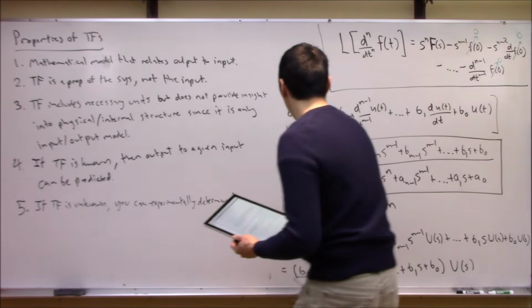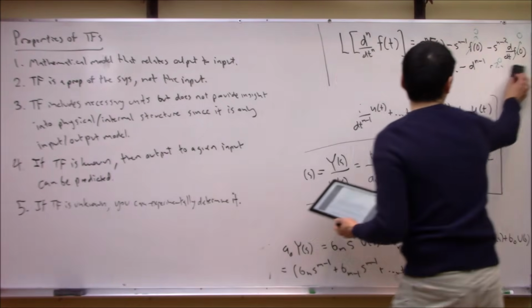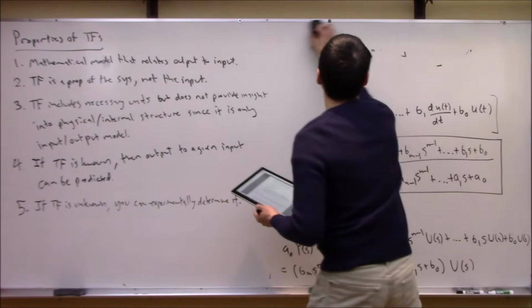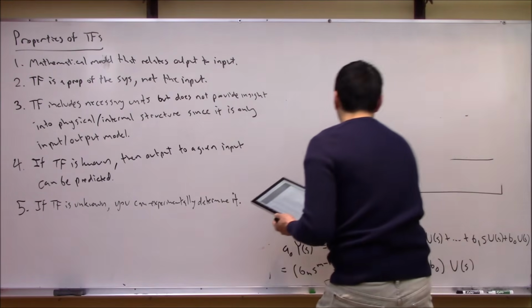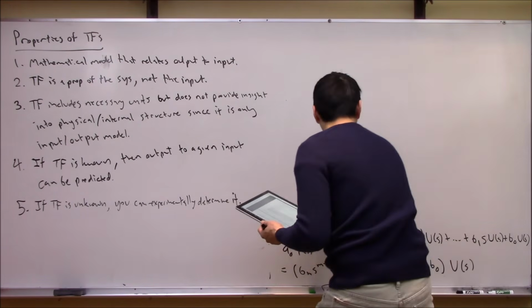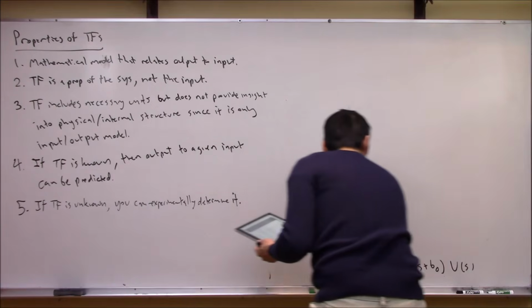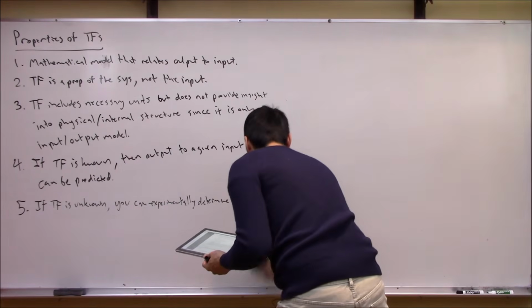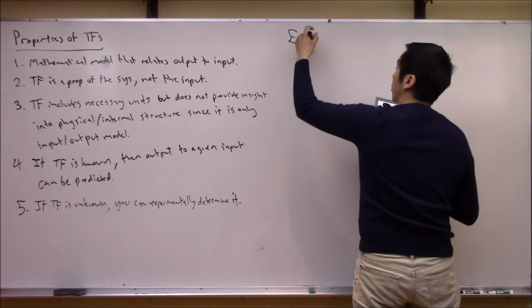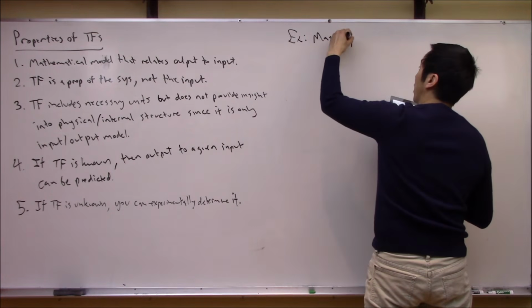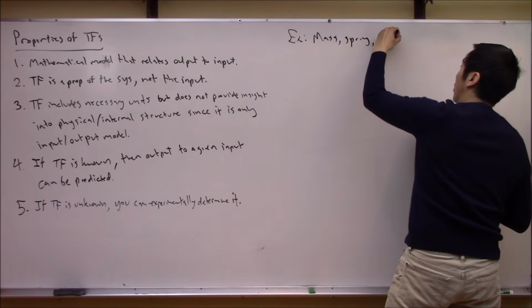Let's go ahead and do a concrete example of a very well-known system that I think everyone in dynamics and controls is familiar with, and I think it will give us a better handle on how this system behaves. The system I want to look at is our good old friend, the mass spring damper.